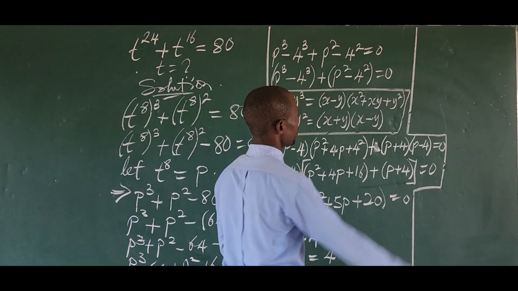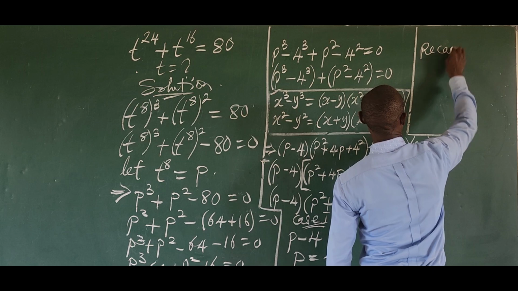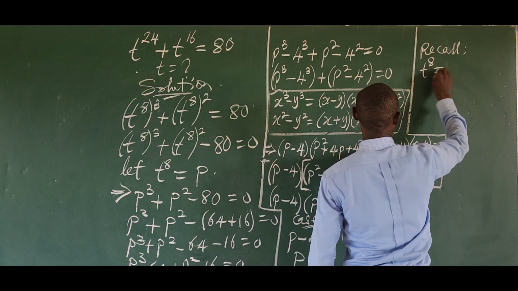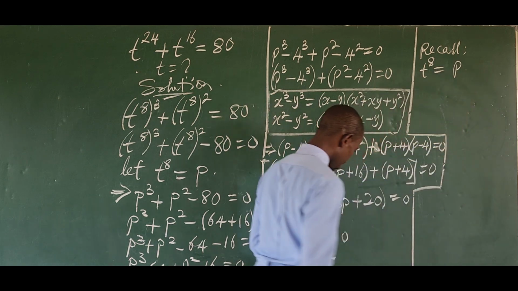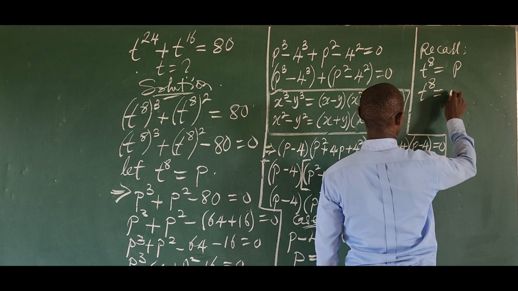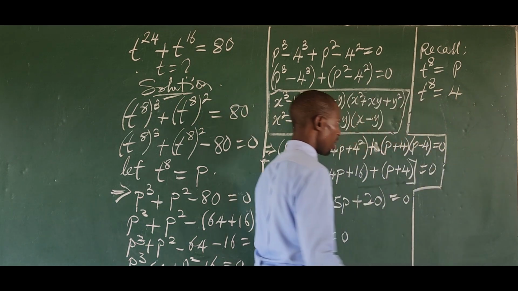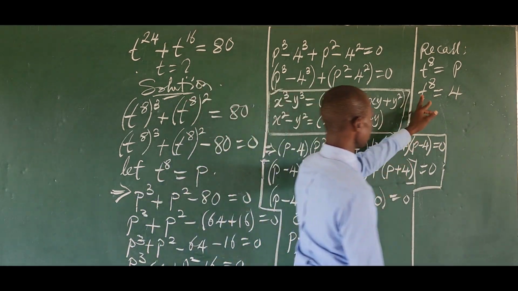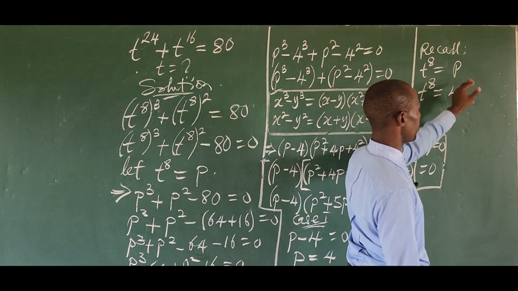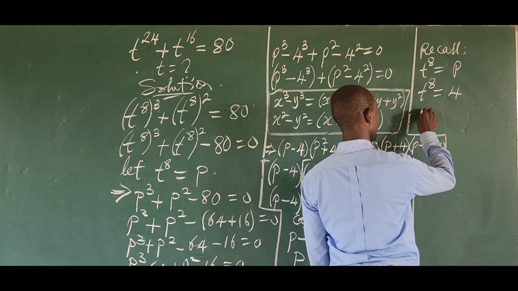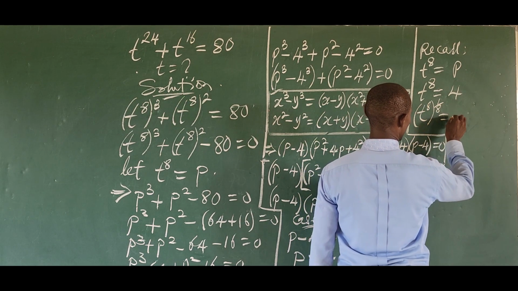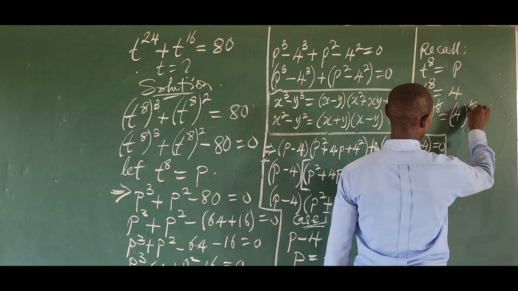All right, so from here, we now recall that we said t to the power of 8 is equal to p. So we have p to be 4. So let's put in p here. We're going to have t to the power of 8 is equal to 4. So we raise this to the power of 1 over 8, and this to the power of 1 over 8. If we do that, this is going to give us t to the power of 8 all raised to 1 over 8 equals 4 all raised to 1 over 8.